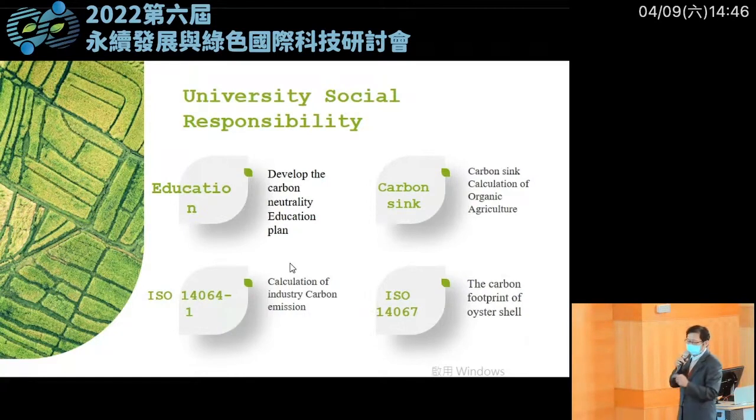The third thing is we check the carbon sink of our organic agriculture. And the final thing is I will help the Taiwan company do the carbon footprint of the oyster shell. So this is what I want to say today. Thank you.